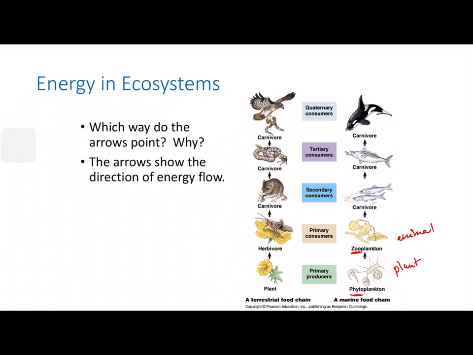So the zooplankton would then be your herbivore, like the grasshopper, which then goes into carnivore, which would be the fish or the mouse, which then goes into the snake, goes into the hawk, or into the bigger fish that are here. And we are talking about layers of these. So we have primary producers that go into primary consumers, herbivores going into secondary consumers, and then it just kind of goes up the food chain. Tertiary and quaternary. We'll talk more about that when we do the energy pyramid in the next set.